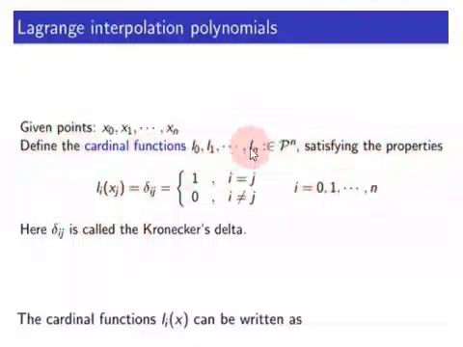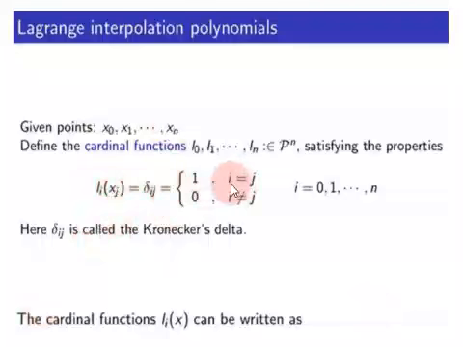Let's take one of them: L sub i is one of the cardinal functions. L sub i evaluated at x sub j is equal to delta of ij. What does that mean? Let's see.